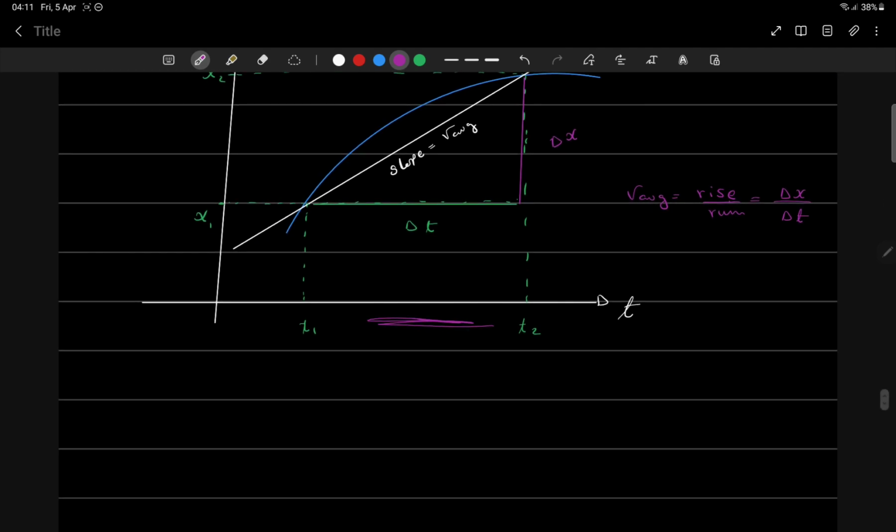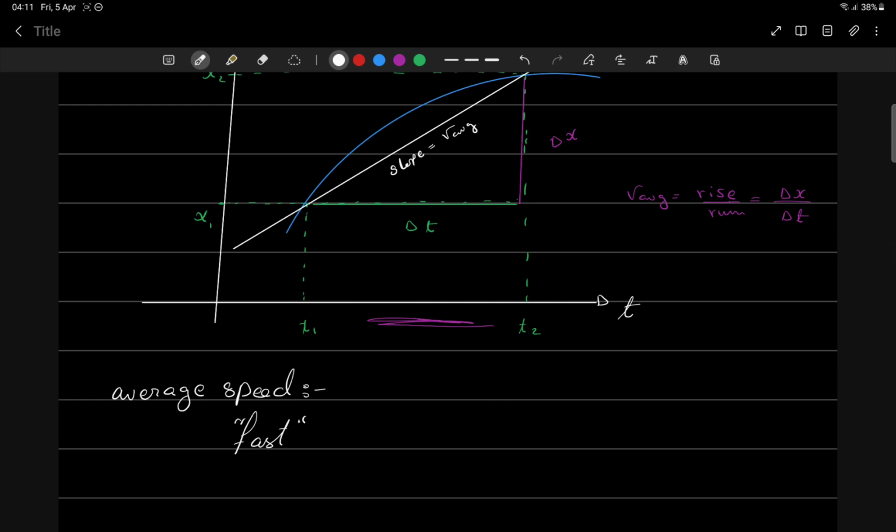All right, then what about average speed? And what is the difference? To put it in simple words, average speed describes just how fast the thing is going, while in velocity we focus on the direction of the movement.